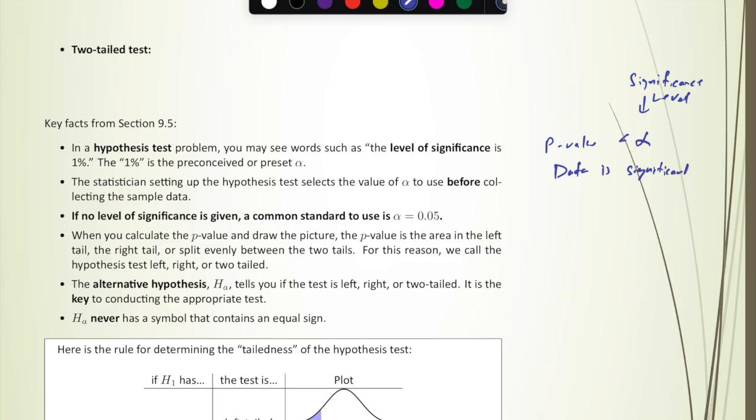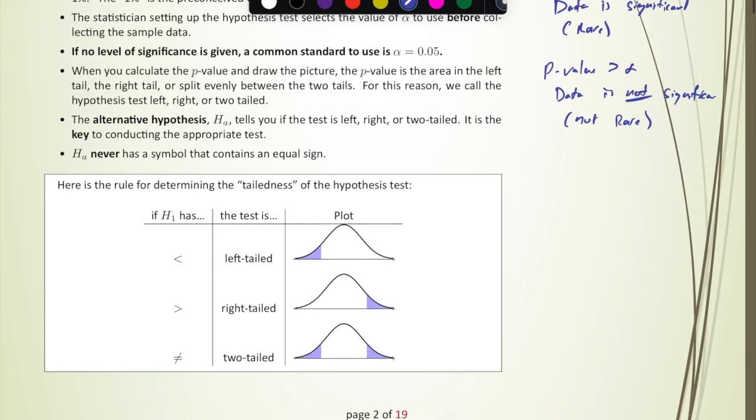It's sufficiently rare. On the other hand, if the p-value is greater than the significance level, then the data is not significant, not rare, does not stand as evidence against the null hypothesis.